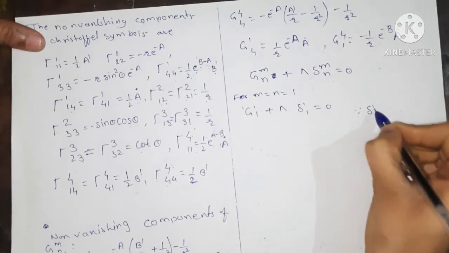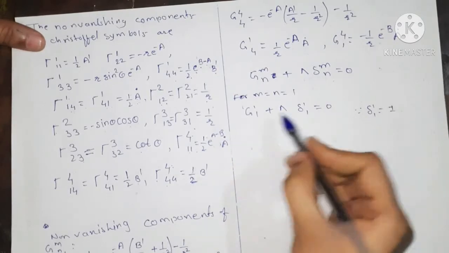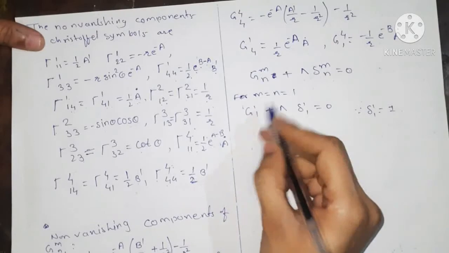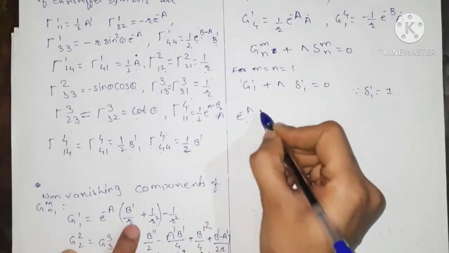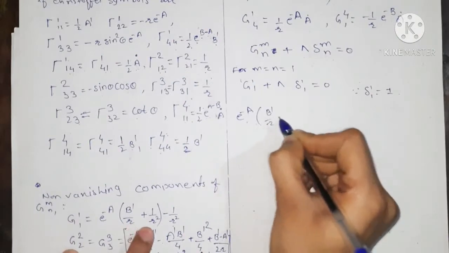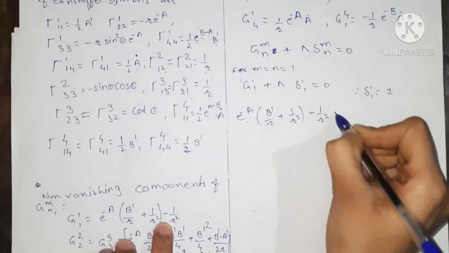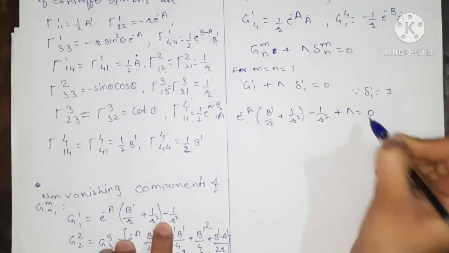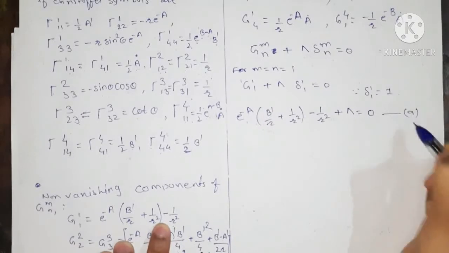Since delta 11, the Kronecker delta, has value 1 when m equals n, substituting the value of G11 we get e to the power minus a in bracket b dash upon r plus 1 upon r square, bracket close, minus 1 upon r square plus capital lambda equals 0. We give this as equation number a.